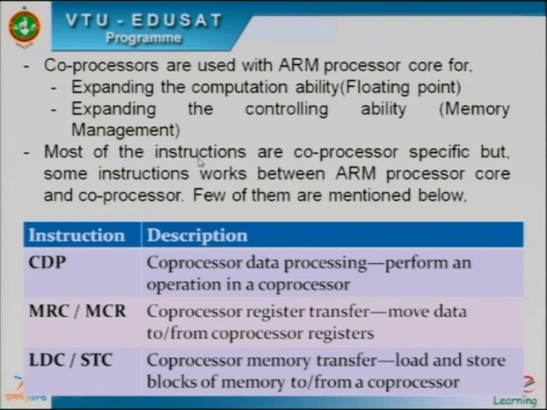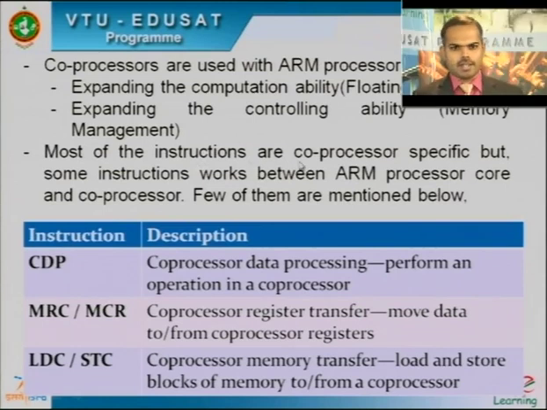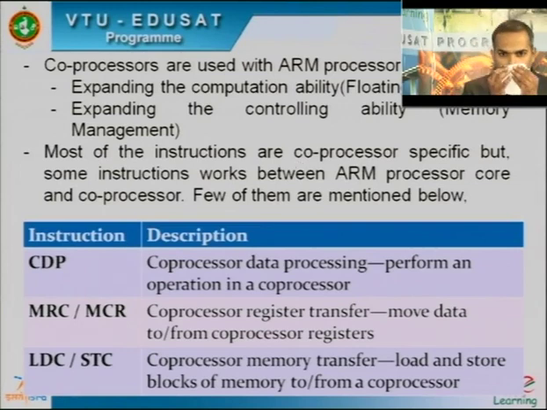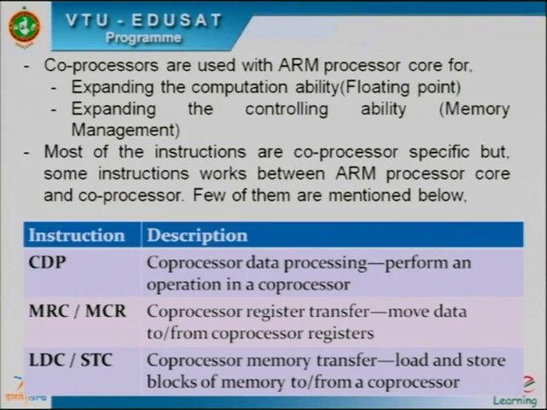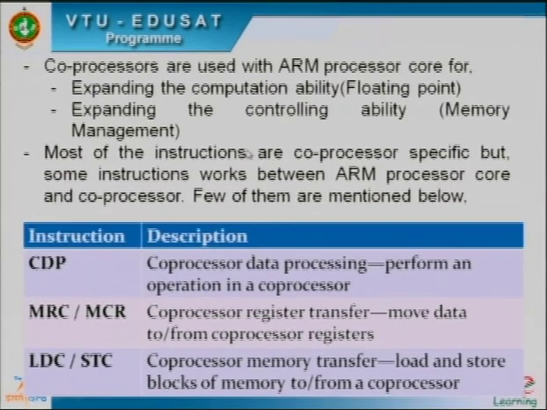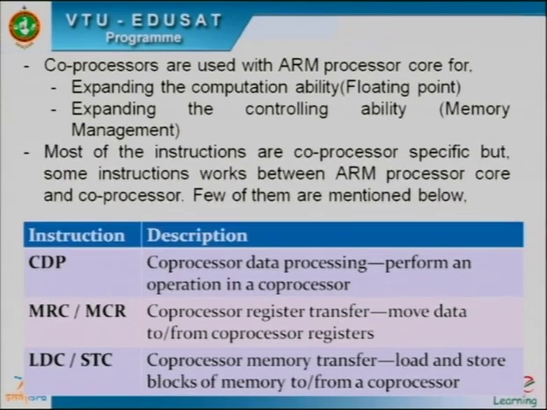Most of the instructions are coprocessor specific, but some instructions work between the ARM processor core and the coprocessor. Few of them are mentioned below. Most of the coprocessor instructions are meant to execute on a coprocessor. We cannot take particular examples in detail here, because there are around 15 to 20 coprocessors available which work in companion with a basic ARM processor core.